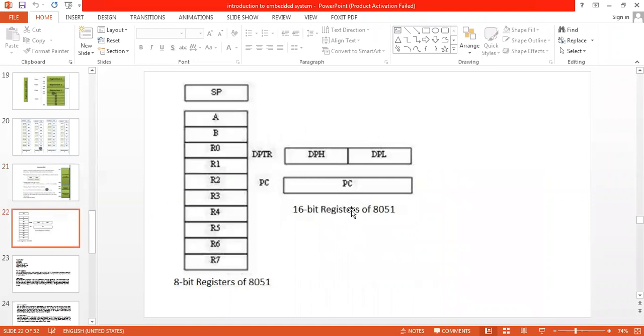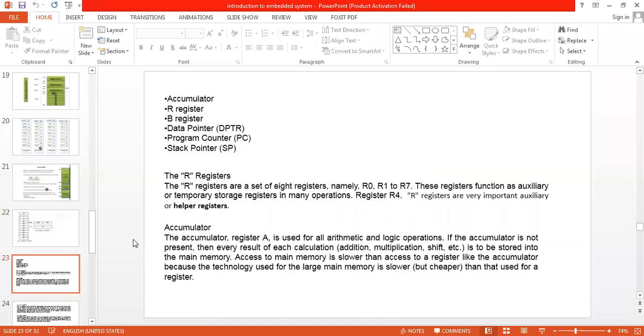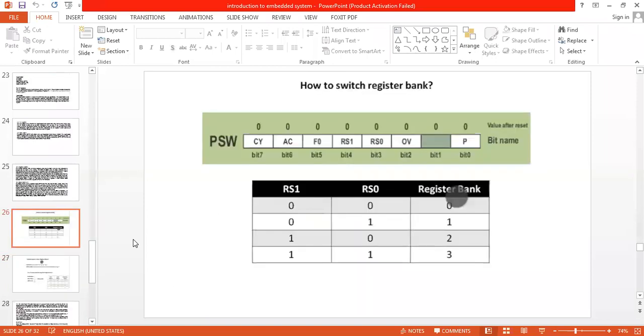All these basic registers: only two registers are 16-bit registers, and all other registers are 8-bit registers. The definition is written here, you can go through it. Yes, understood. Then we have one more register here.